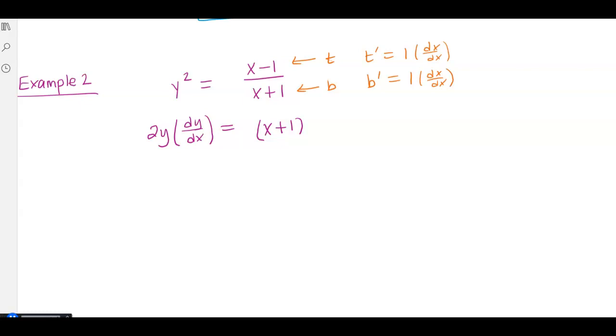So this is the bottom function multiplied by the derivative of the top, which would just be a 1, minus the top function times the derivative of the bottom. So x minus 1 times 1. And then we divide by the function on the bottom squared.